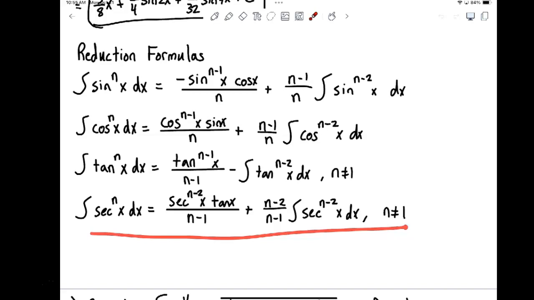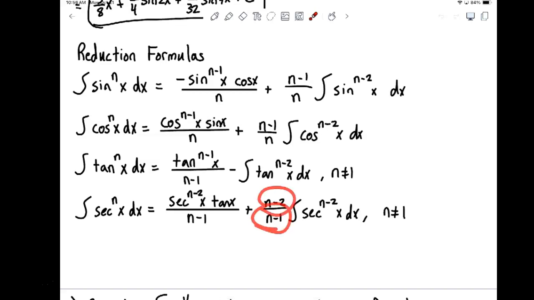Secant to the nth power is secant dropped by 2 powers along with tangent over n minus 1, plus n minus 2 over n minus 1 times the integral of secant 2 powers smaller. Okay?